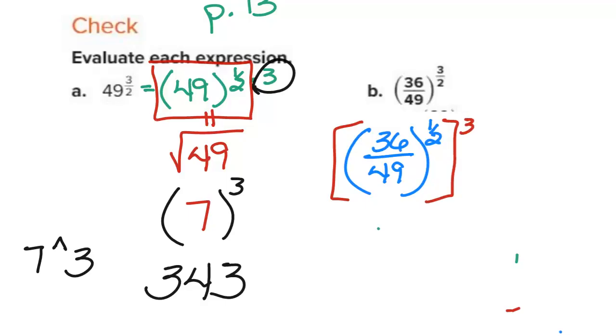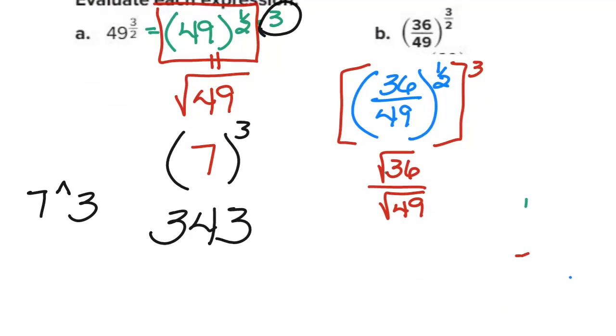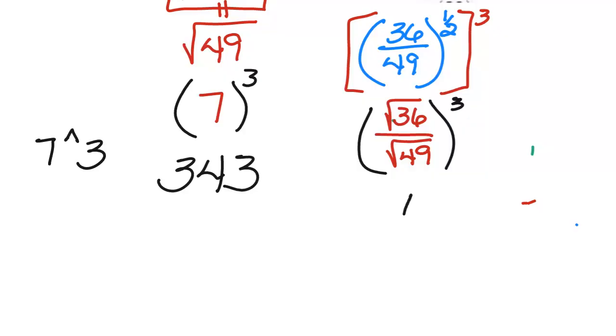So I'm breaking it up. So this is the square root of 36 over the square root of 49, because we know anything to the 1/2 power is a square root. And then I'm going to take this to the 3rd power. What is the square root of 36? 6. What's the square root of 49?